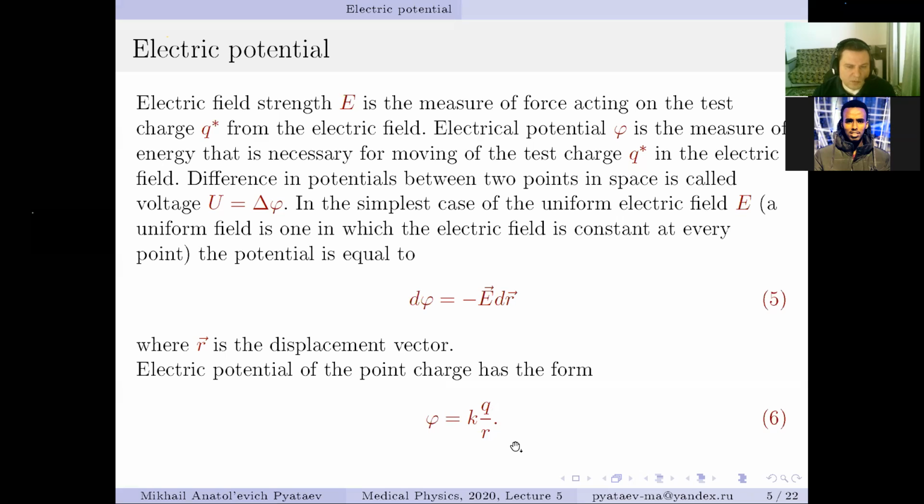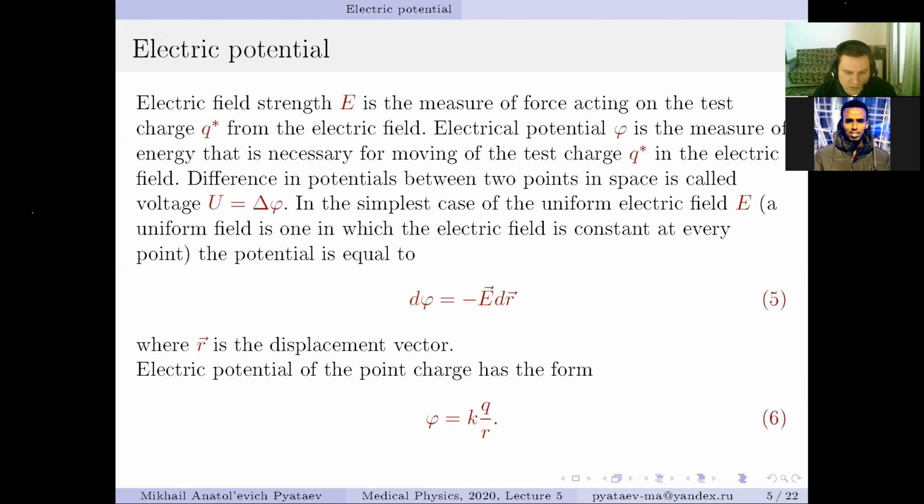So we need some rule to find this constant quantity which can be added to equation 6. And the usual rule is that we assume that phi tends to 0 when the distance r tends to infinity.